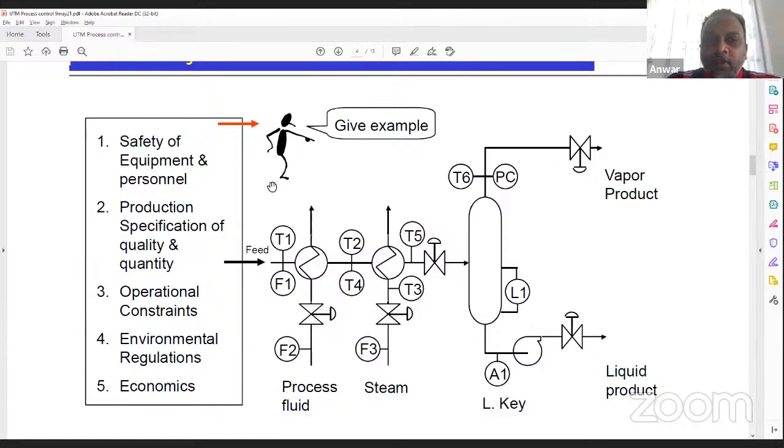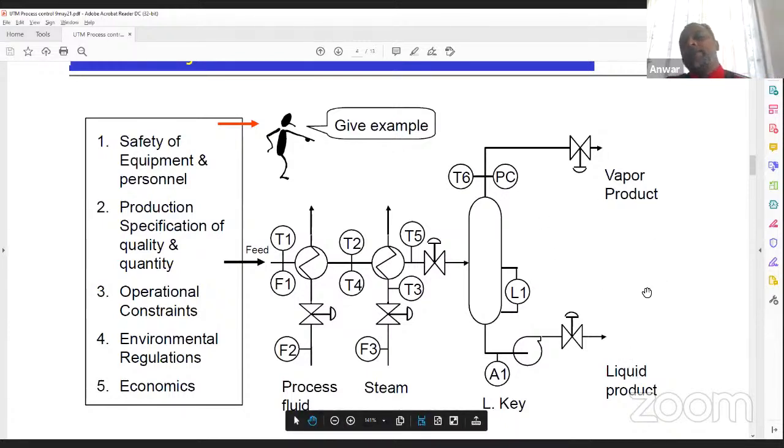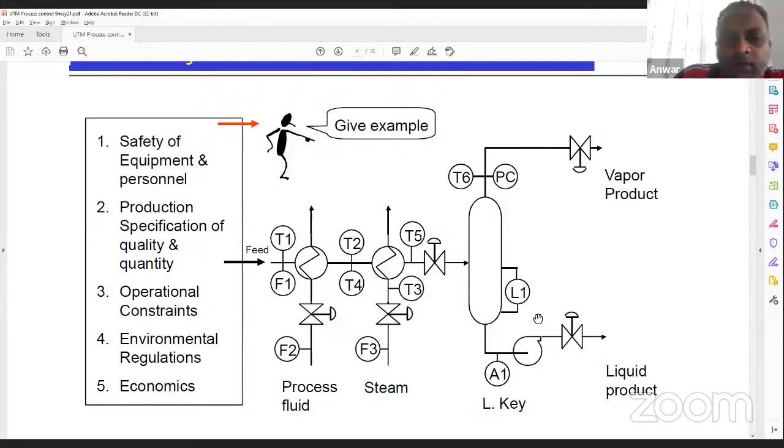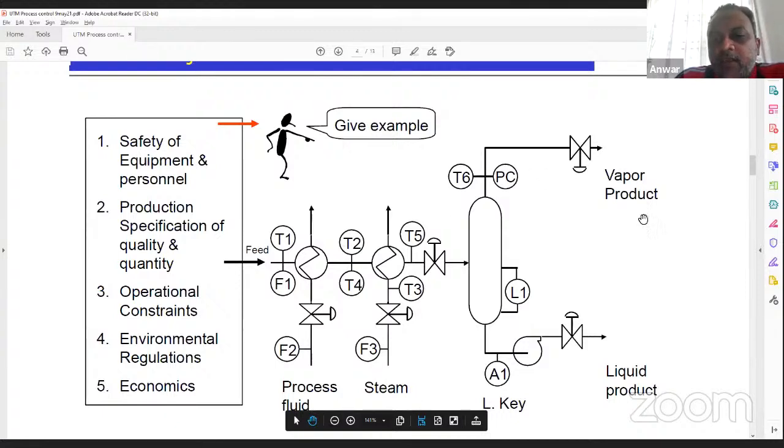When we talk about safety of equipment and personnel, from this diagram we know that this process involves heating, and you have a process column which may be very expensive, and equipment such as a pump that may cost a lot of money, maybe 20,000, 30,000, and a process column which is very expensive.